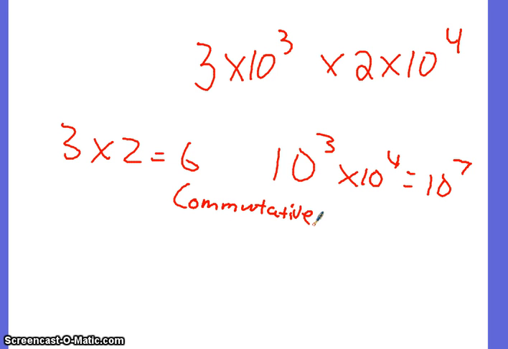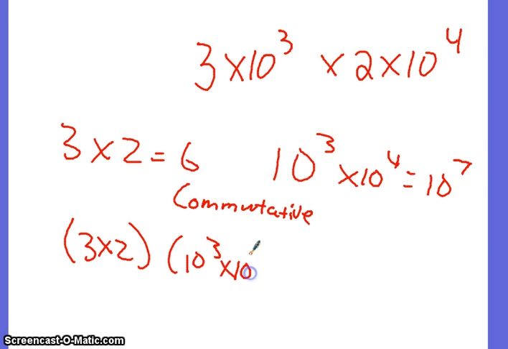Now, there's another way you could show this problem as well. You could show it like this. And it's how we solved it. Like, we kind of embedded it into what we did. What is that called when I start throwing the parentheses out? That one started with the associative. Very good. So that was the associative property.